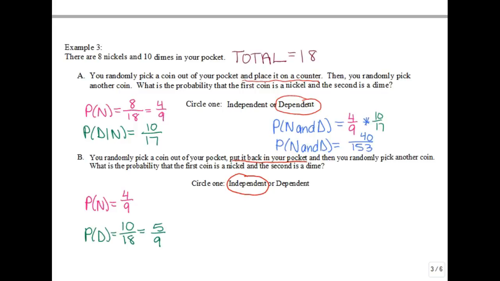There are 10 dimes out of a possible 18, which simplifies to 5/9. Let's answer the question, what is the probability that the first coin is a nickel and the second is a dime? The probability of a nickel and a dime would be 20 out of 81.